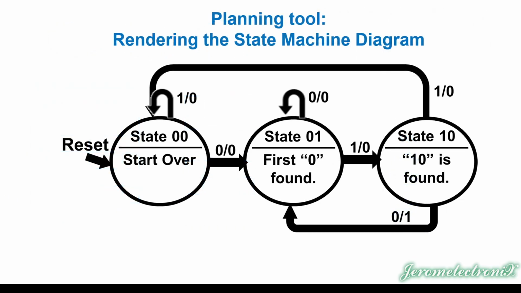So we left off last time talking about this state transition graph or diagram, state transition diagram, state machine diagram. I just want to drive home the idea again that this is not an electrical circuit.